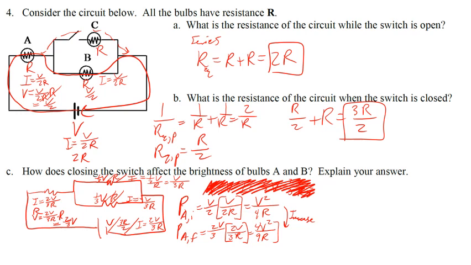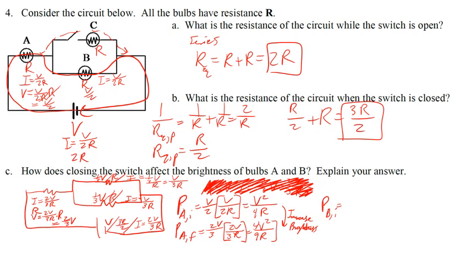But let's look at B. Let's see what we had. So increased brightness. Okay, there, good. So let's say we had the power of B initially. So when we first get started, across B the voltage was V over 2, and then the current was V over 2R. So like the other one, it was V squared over 4R.